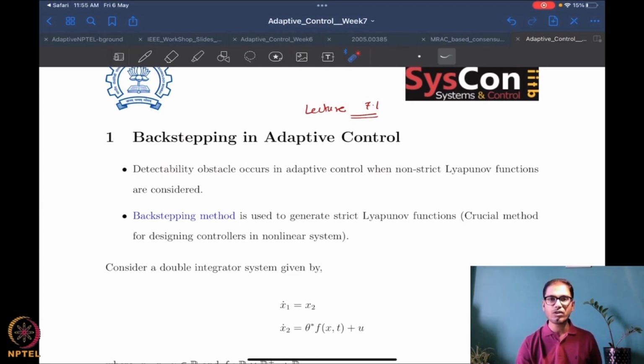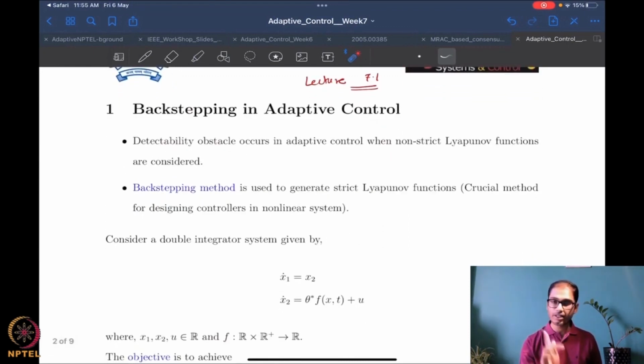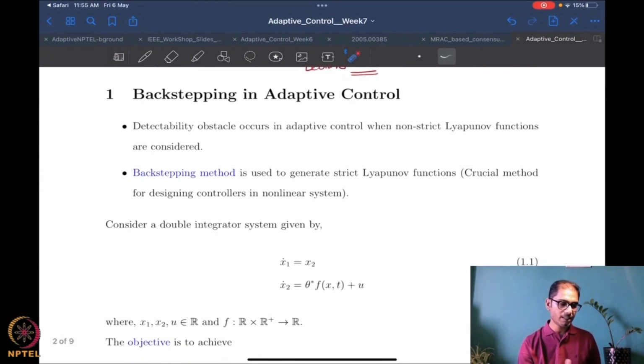So we are not quite confident that this will work out very well if it was not in this particular kind of structure. On the other hand, backstepping is well known to be a rather general method. Okay, and so we want to explore this idea of backstepping for the same nonlinear double integrator system that we were looking at.